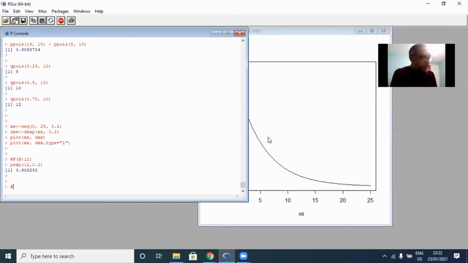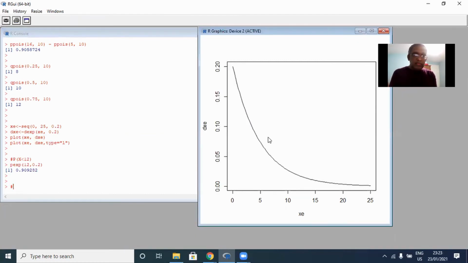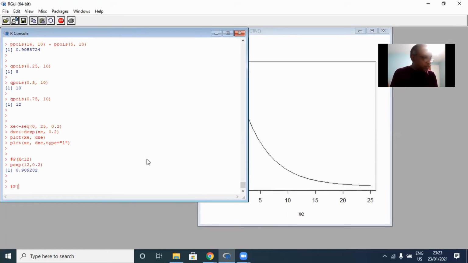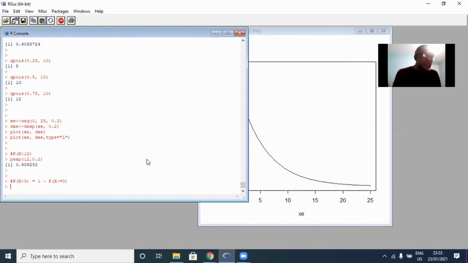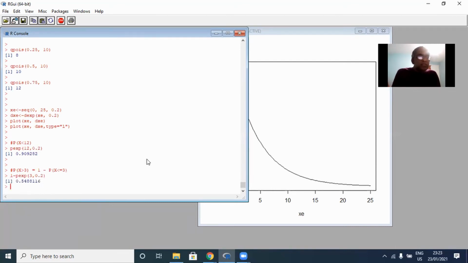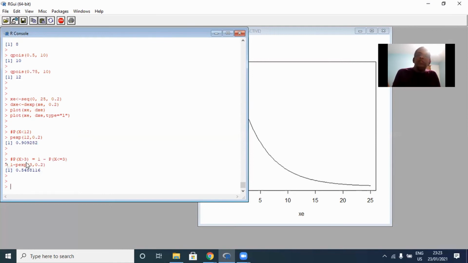The next thing is to compute the probability that x is greater than 3. This can be written as 1 minus the probability that x is less than or equal to 3. So it will be 1 minus p exp at 3, 0.2. That's the answer for the probability that x is greater than 3.